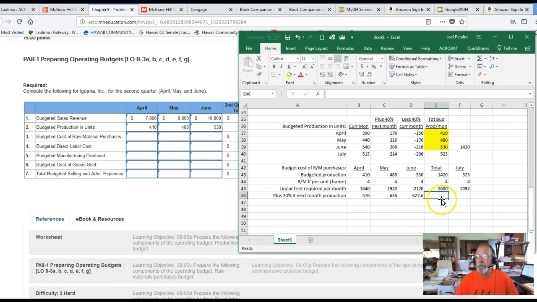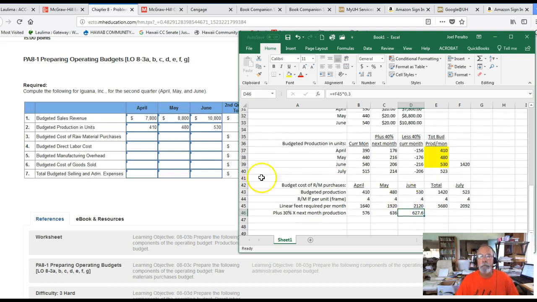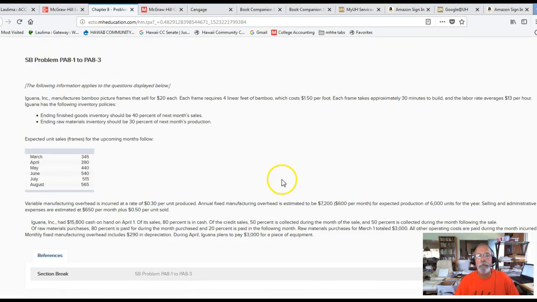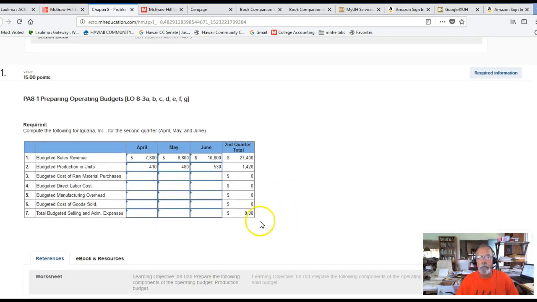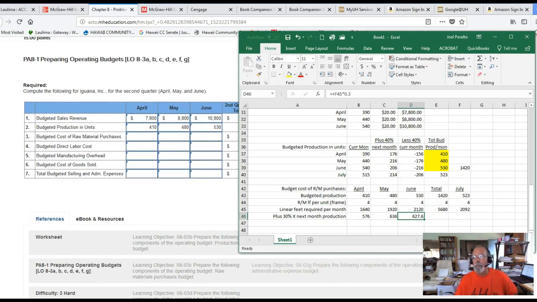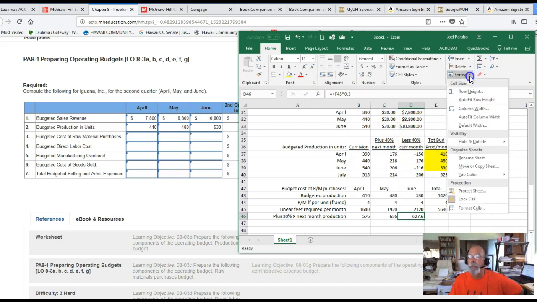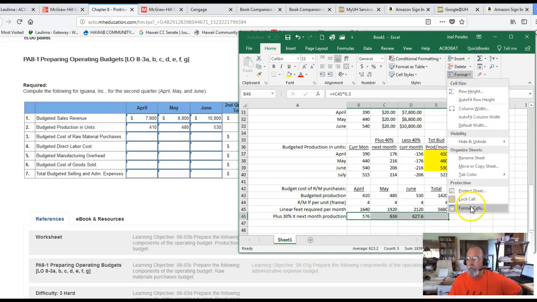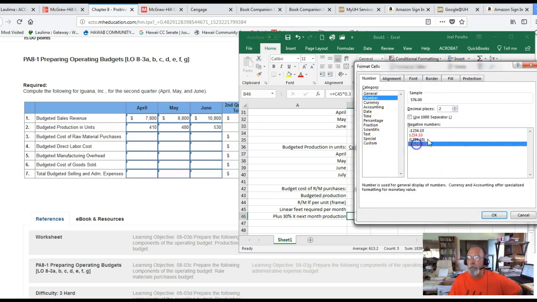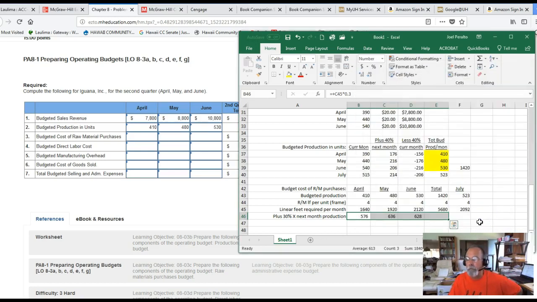Let's see if that's going to work there. We have rounding rules. This decimal is bothering me. I think we need to round up. Let's just format it. Number. Okay.